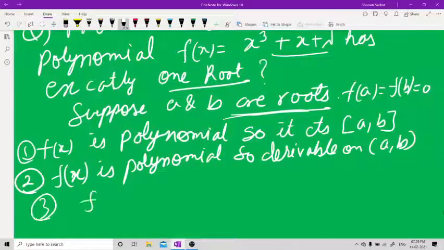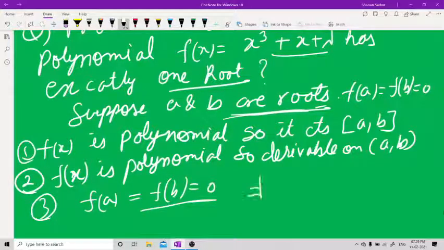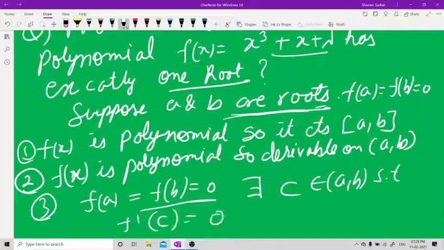Third point, f A equal to f B equal to 0. Therefore, there exists a c in open interval A B such that f dash c is equal to 0.